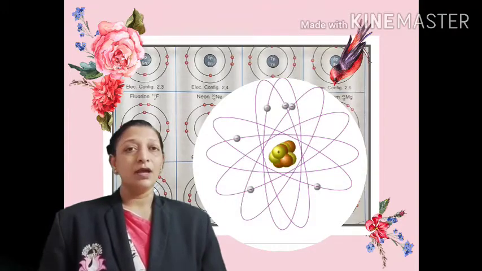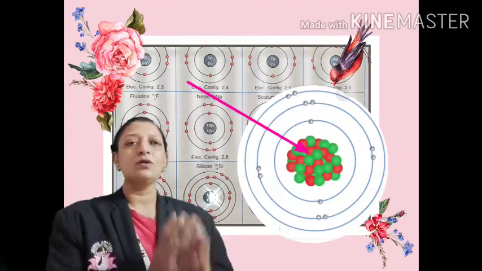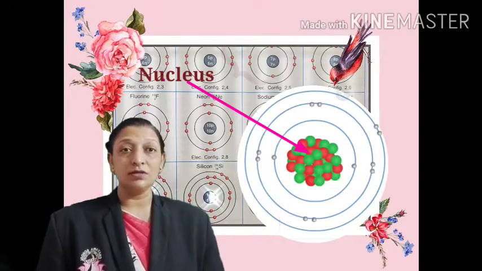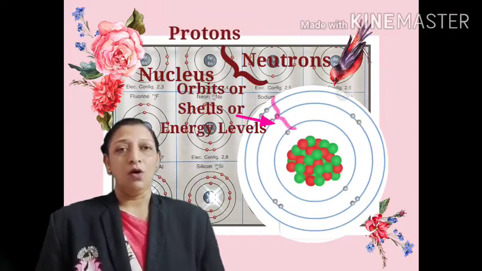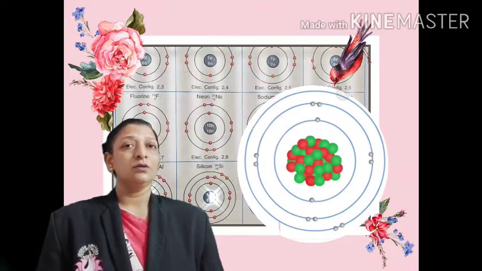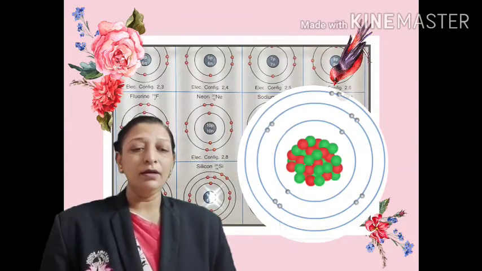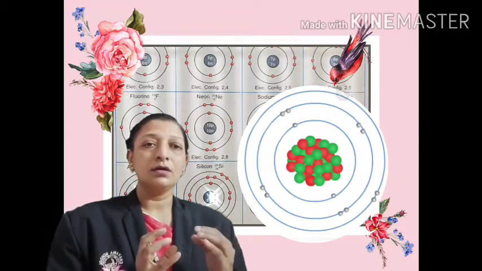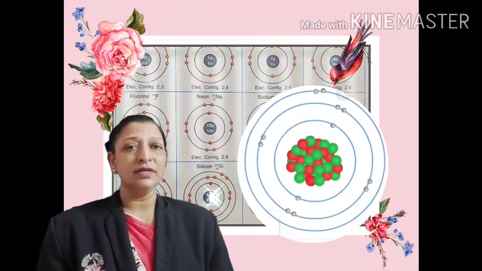So this way, the atom is divided into two parts. The first, central part is called the nucleus of an atom, which consists of protons and neutrons. The second is the orbit or shell, which is an imaginary path through which electrons keep revolving, and they carry a certain amount of energy.